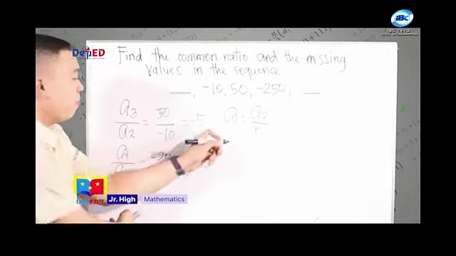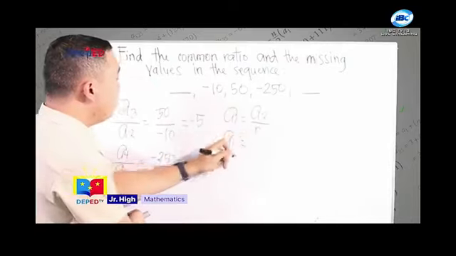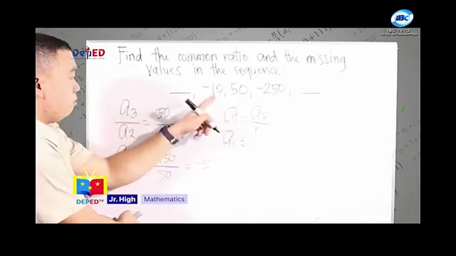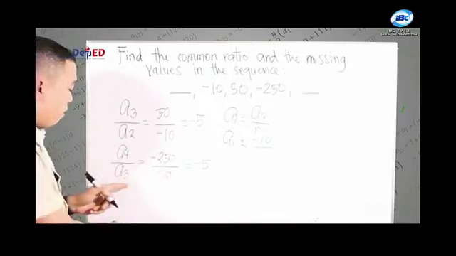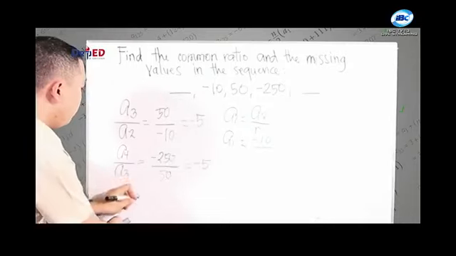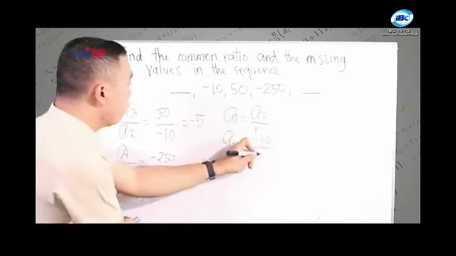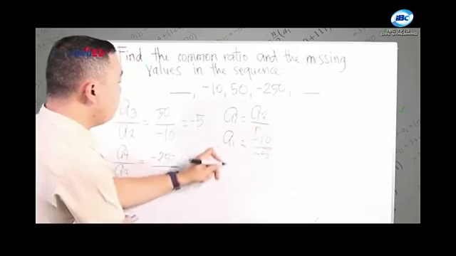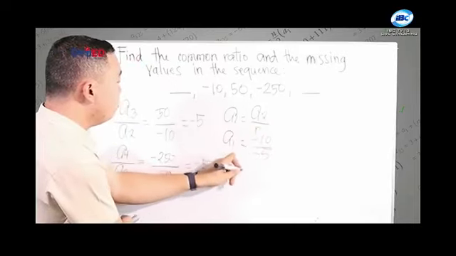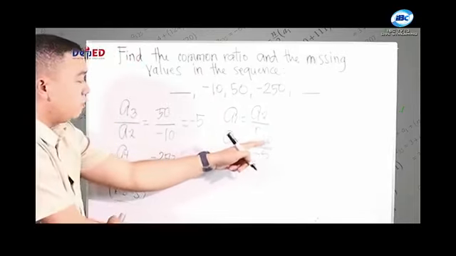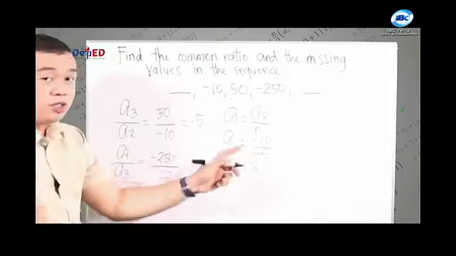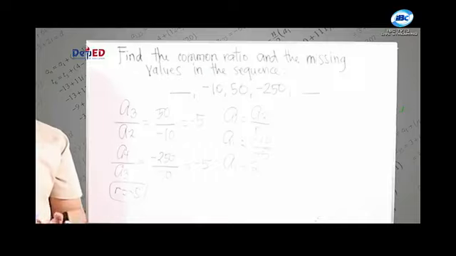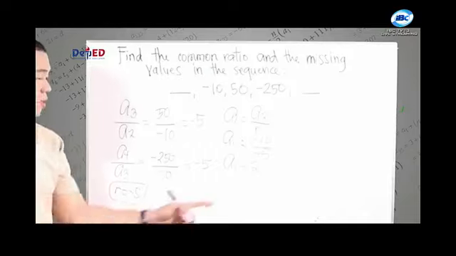A sub 2 is equal to negative 10, divided by the common ratio, which is negative 5. Our a sub 1 now is equal to negative 10 divided by negative 5, that is positive 2. Positive since we are dividing numbers with like signs.